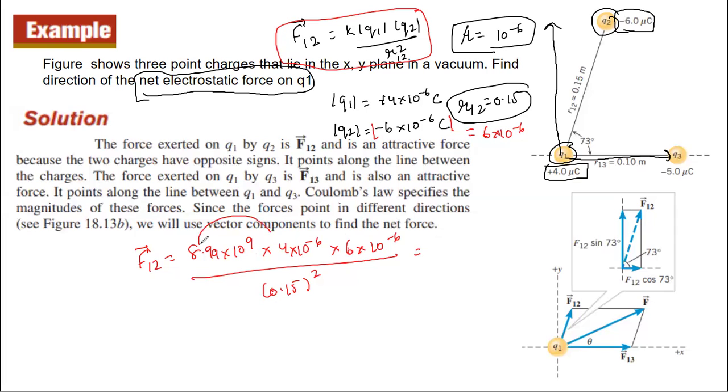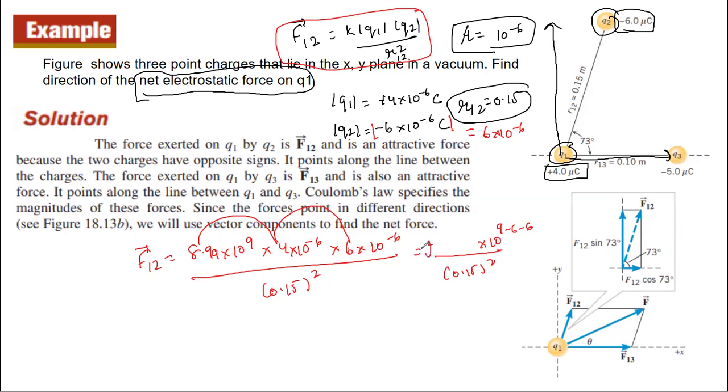So the procedure I follow, I multiply the numbers. Okay, I like to simplify a little bit and then I like to collect my powers. 9 minus 6 minus 6 and 0.15 square. Oh, at this time, let me pull out my calculator. 8.99 times 4 times 6, right?